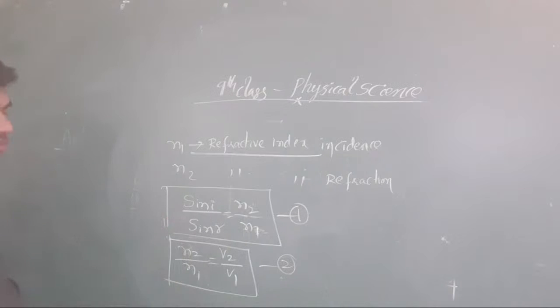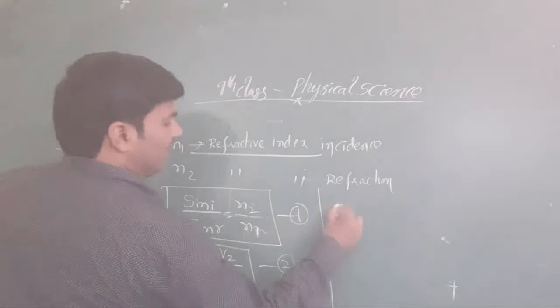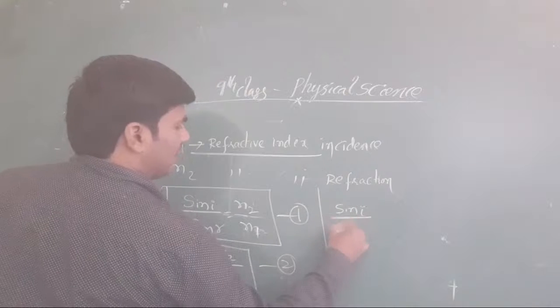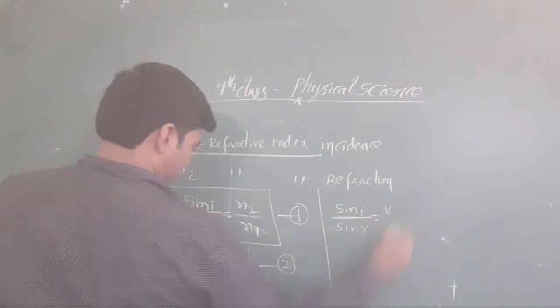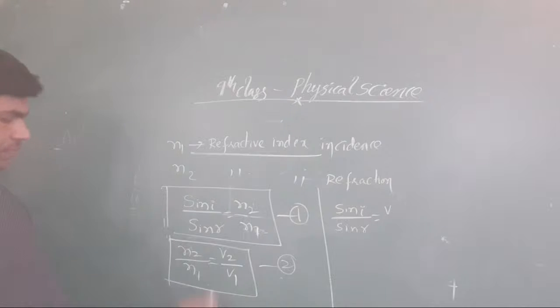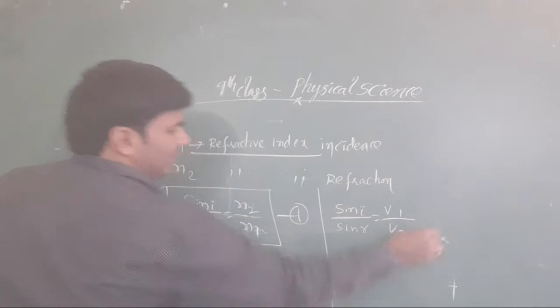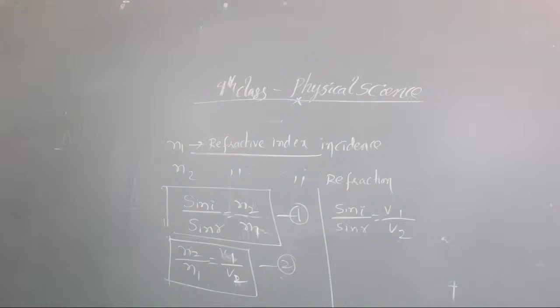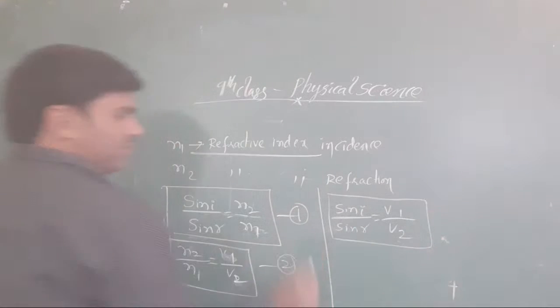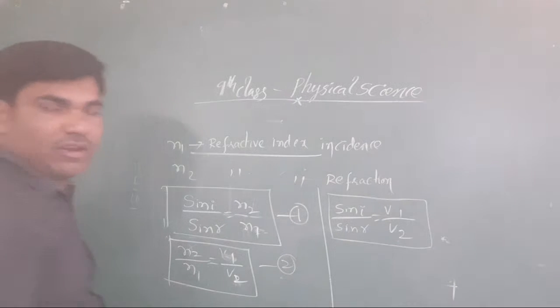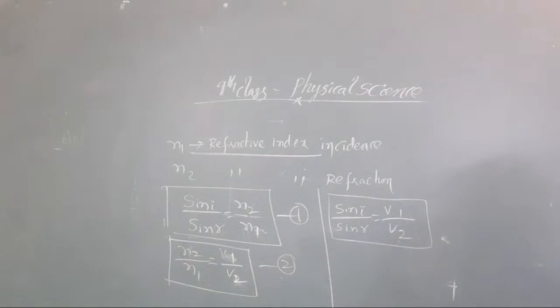From these two equations, it is also written as sin I by sin R is equal to V1 by V2. Clear or not, all the students? In this way, it gives the relation between the speeds also. Snell's law also gives the relation between the speeds of the light ray.